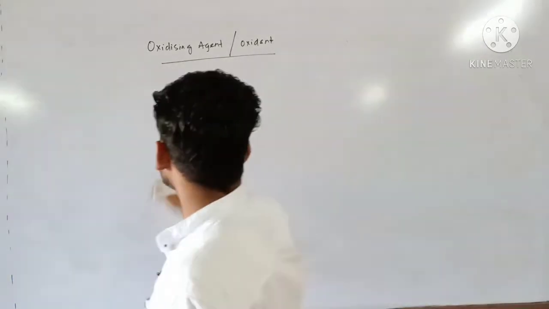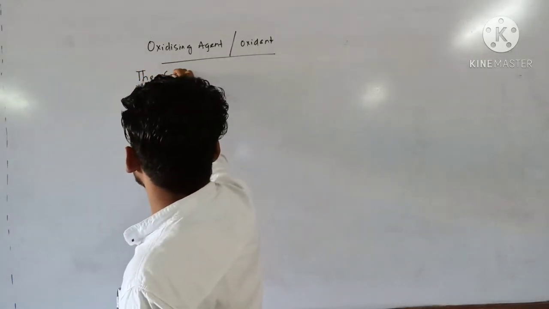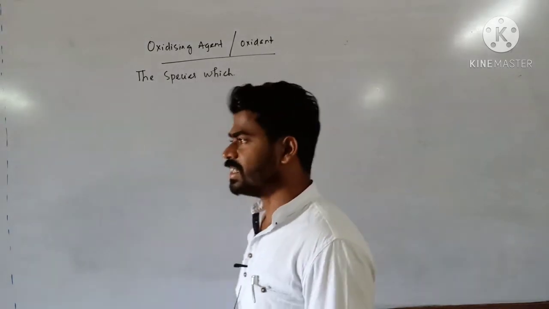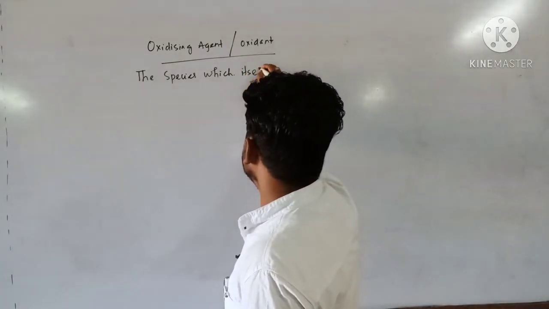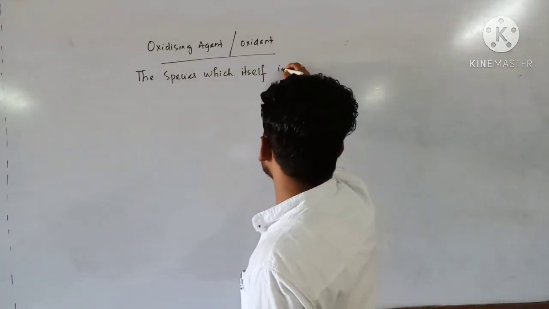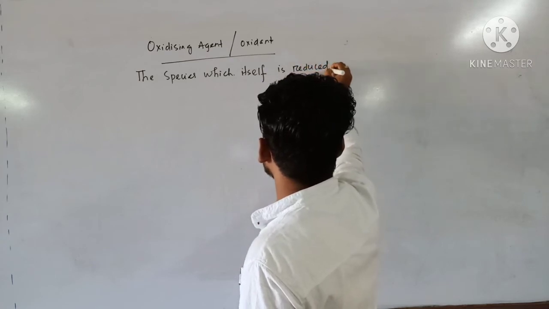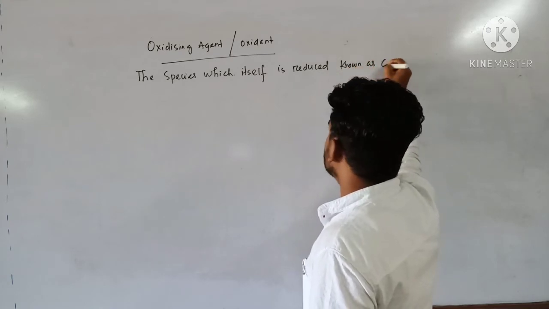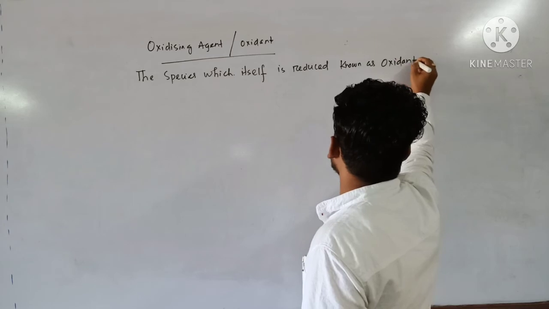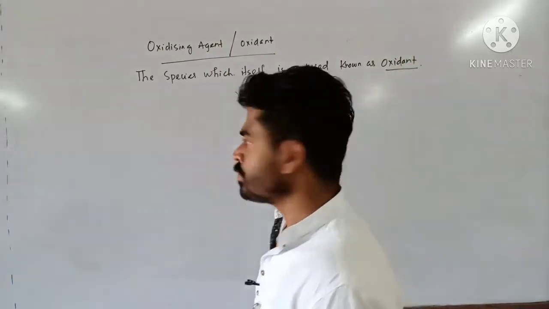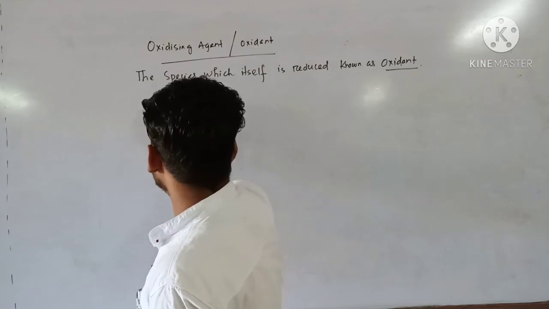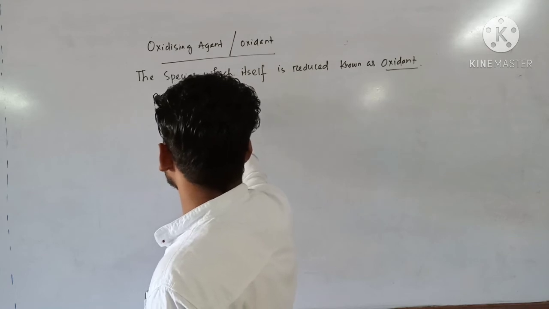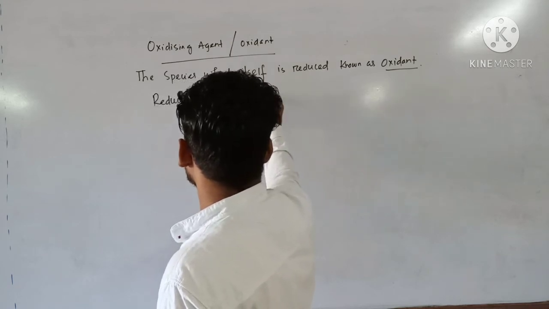Simple definition: the species which itself is reduced is known as oxidizing agent or oxidant. Clear? And simultaneously reducing agent, or you can say reductant.